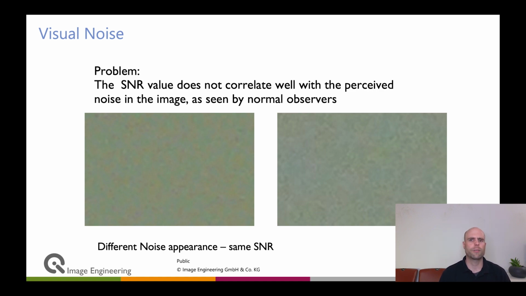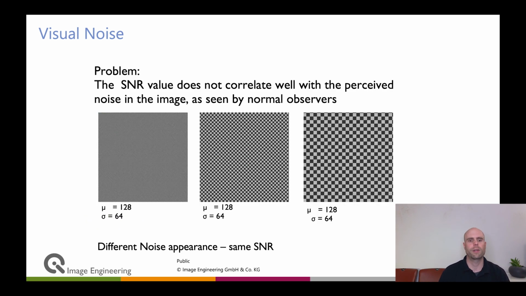And that's because the human observer does not see all the noise that is in the image. The human observer can see some spatial frequencies better than others. Just to illustrate this a little bit here, take these three patterns.